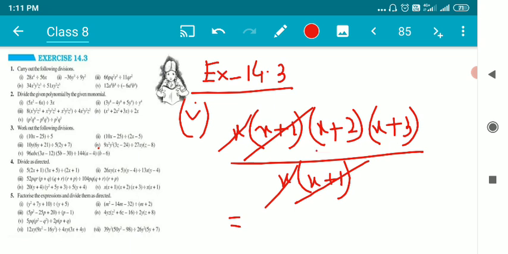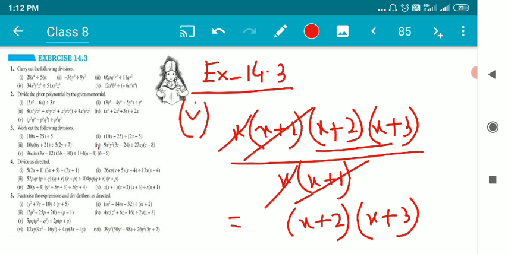So finally, what do I have? I have got (x plus 2) and (x plus 3) in the numerator, and there is nothing in the denominator, which means it's 1. So you can just leave your answer like this. So children, this was the explanation of question number 5.